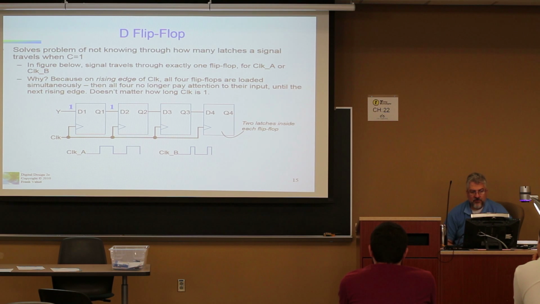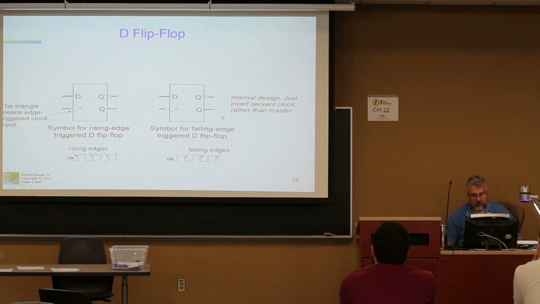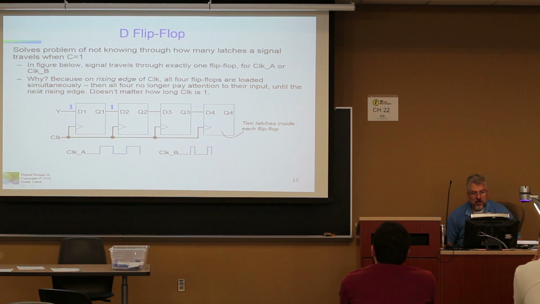So if you have a situation like this, where you have D flip-flops one right after the other, and you want to serially provide data in and have it go from this flip-flop to that one, to that one, to that one, based on the rising edge of the clock, this data will then be clocked there, and it will be latched in on the next rising edge.